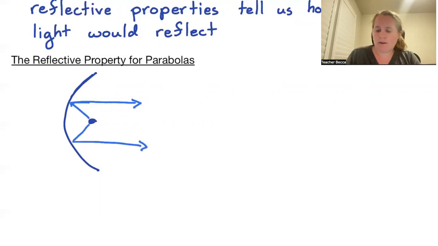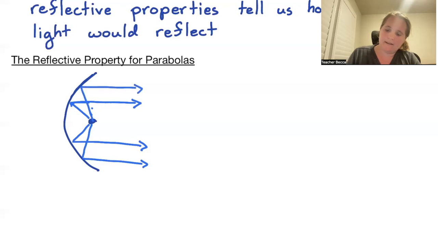So no matter where on the parabola we shine that light, it will always reflect to be perpendicular to the axis of symmetry.